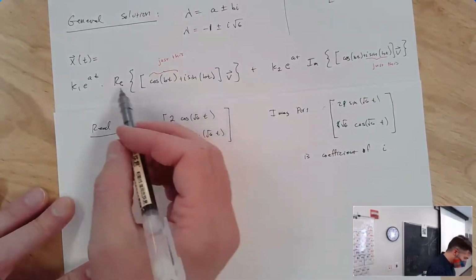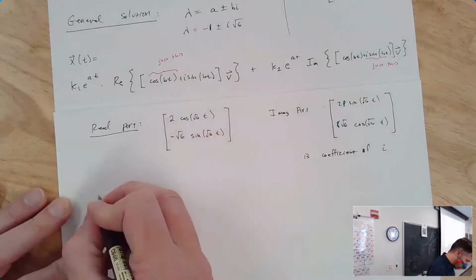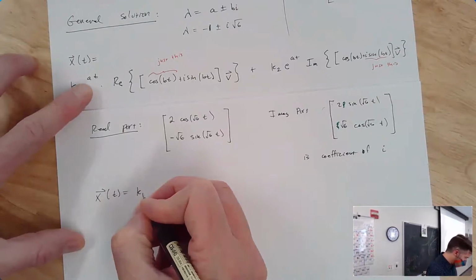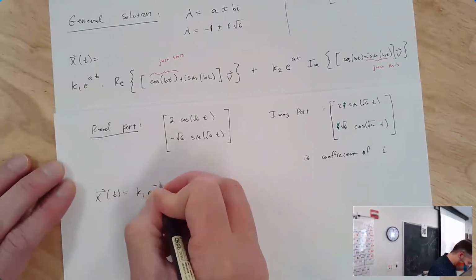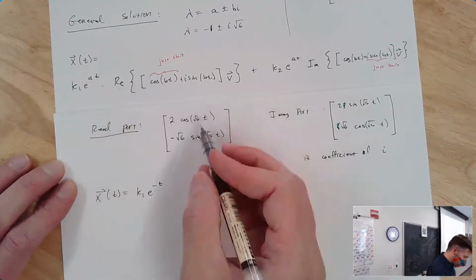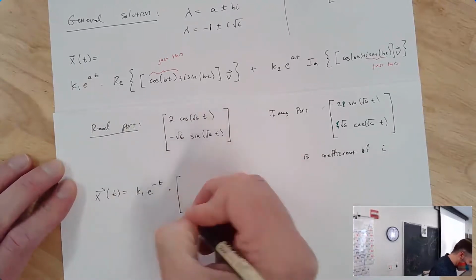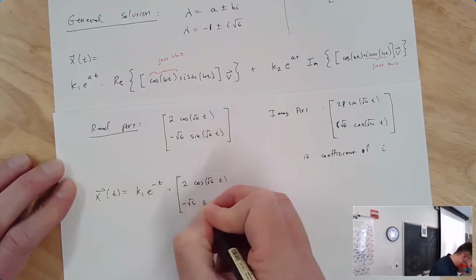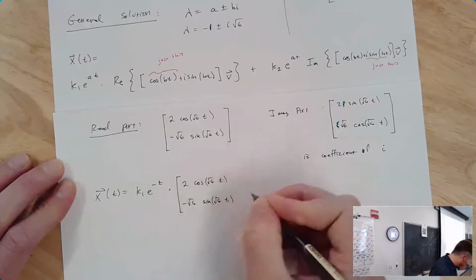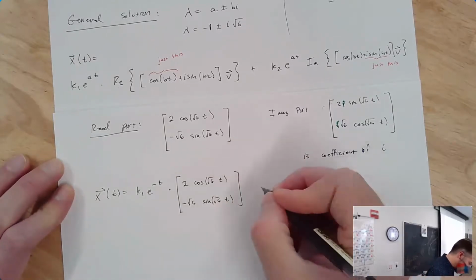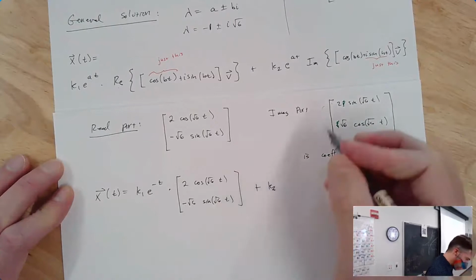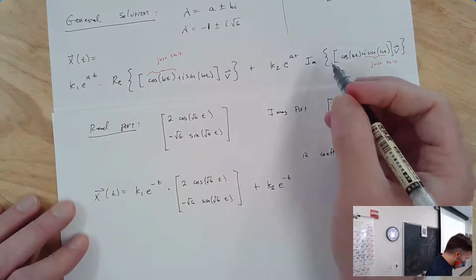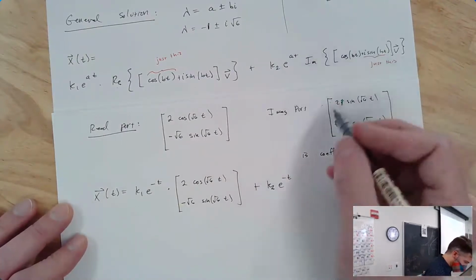So when I throw everything into this formula, I have to solve for K1 eventually: e to the -t times the real part of all this, which is just that part there. And then K2 times e to the -t times the imaginary part of this, which is just that part there.